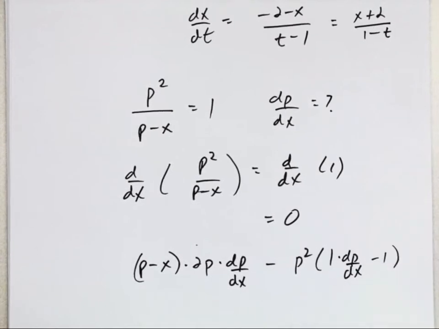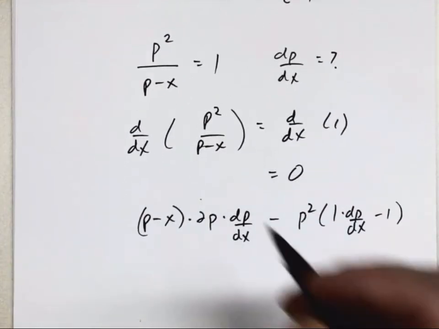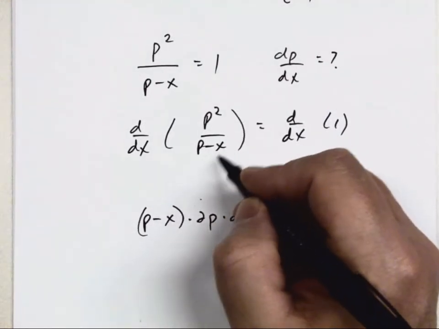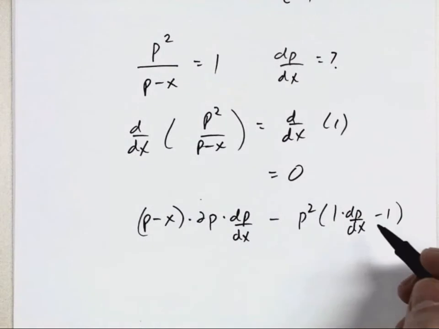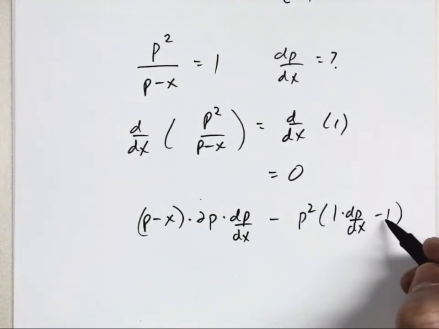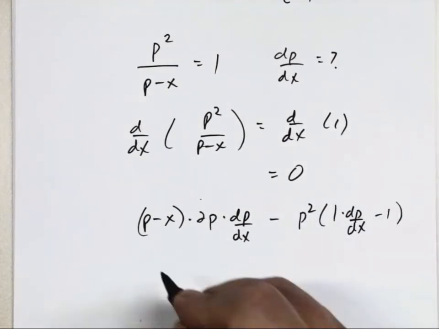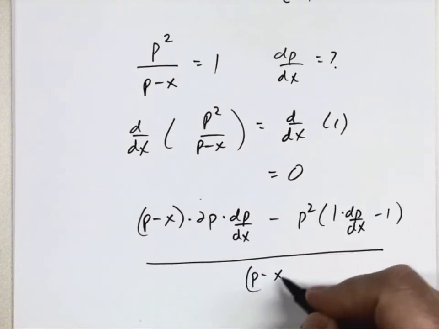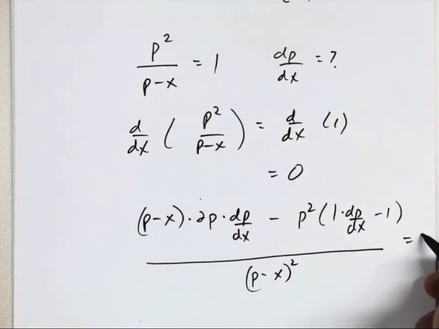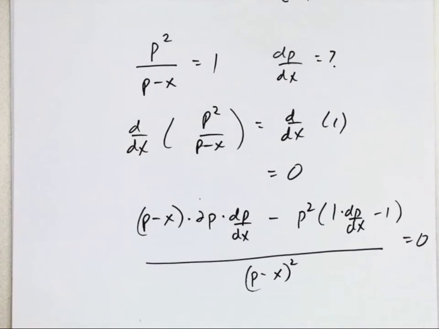So to review and make sure I didn't make a mistake, trying to apply the quotient rule: the low times the derivative of the top minus the top times the derivative of the low, all over the low squared equals 0.